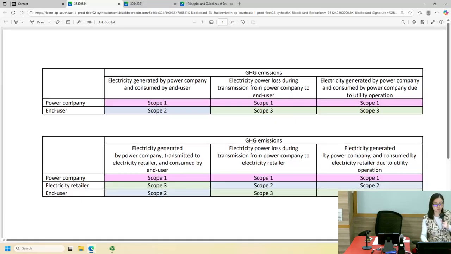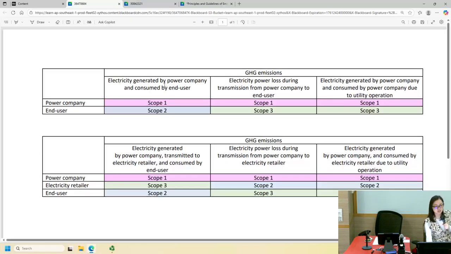They will burn natural gas or maybe oil in order to produce electricity, right? So we would have some greenhouse gas emissions due to the electricity generated by the power company, and this amount of electricity generated would be consumed by the end user.